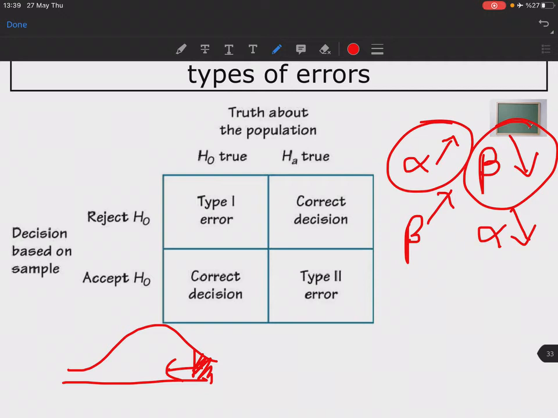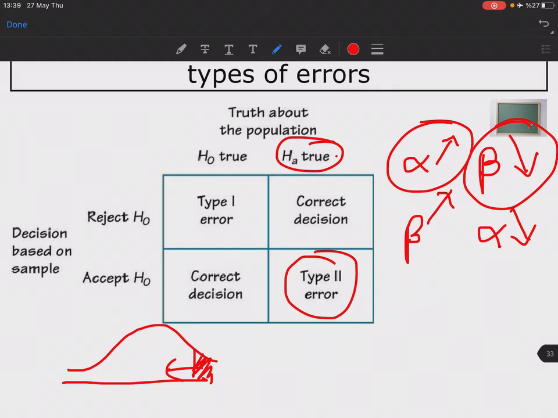Suppose that you have a new method that works or something like this, but since it is so strict, you will be rejecting it. In fact, your alternative hypothesis is true, but you're missing the possibility of taking that into consideration because you increase your beta. That's it.